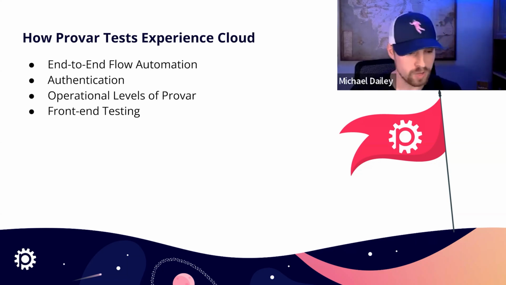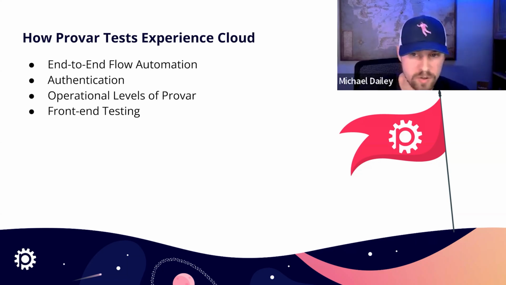The reason we say 90% is because there's always going to be some custom implementation that may require a different kind of use case. But for the most part, you'll see it works out of the box. You won't need to edit anything. But the pro code users, as I mentioned, do have the capability to build out any kind of custom page object operations or test steps to handle more bespoke implementations of Experience Cloud that are not natively supported.